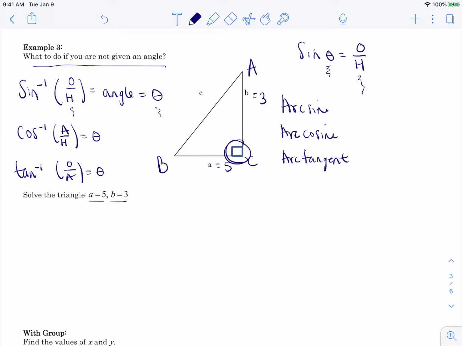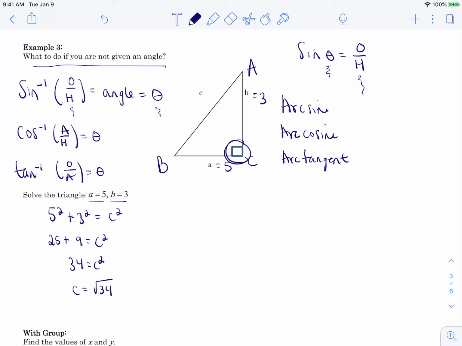So I can do 5 squared plus 3 squared equals c squared. I get 25 plus 9, which is 34. I take the square root, so I just get the square root of 34. Let's leave it like that.